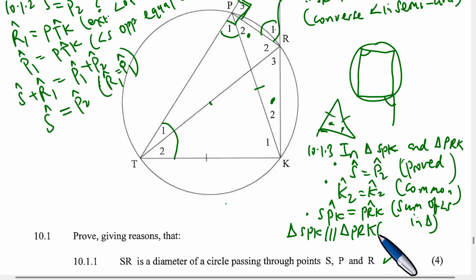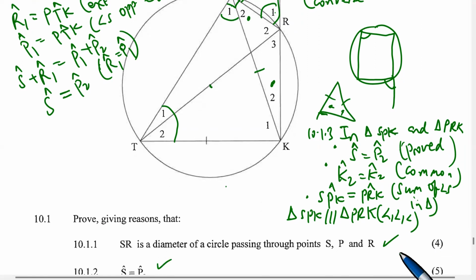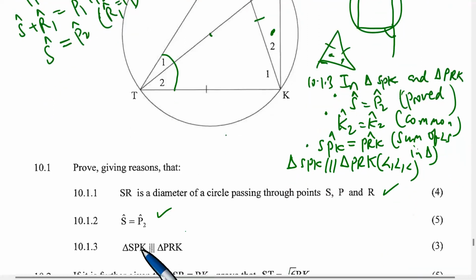And these are angle, angle, angle. So in other words, we've proven that SPK is similar to triangle PRK.